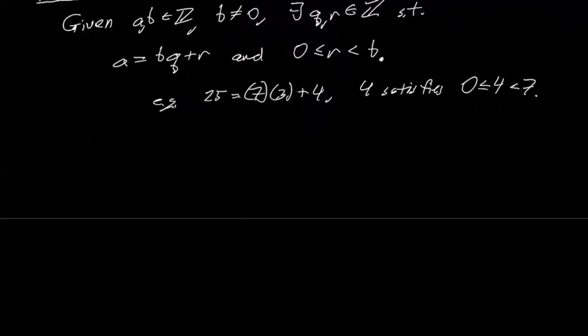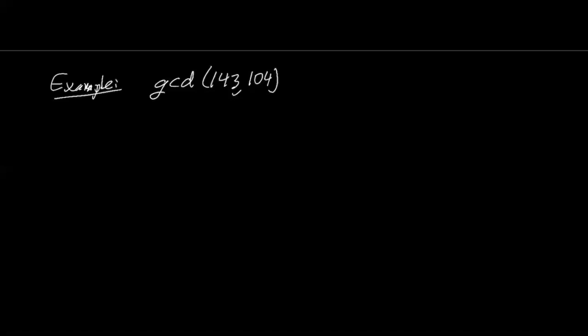So let me just go to the next page here. So example. And I'll do something fairly small. What if we wanted to find the GCD of 143 and 104? Again, I don't have to write GCD here. I could just write parentheses 143, 104.